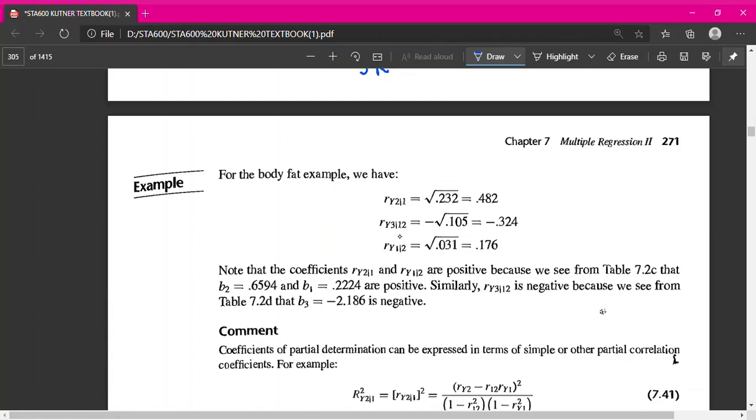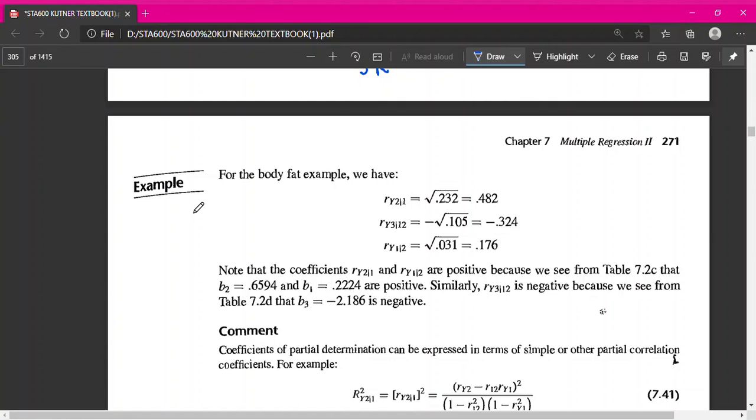Okay, so how to know whether your R here sign-nya positif ataupun negatif? It depends pada coefficient. Okay, cuba tengok yang pertama. R x2 given x1, the square root of the R square. So the value is 0.482 and the value is positive, the sign is positive.